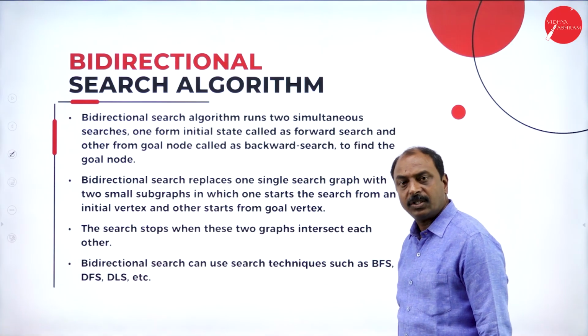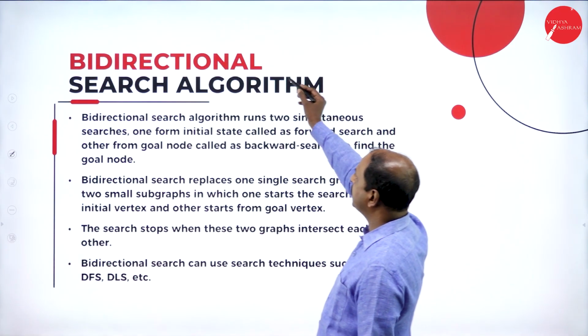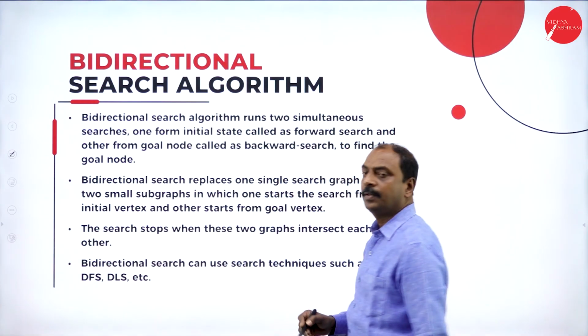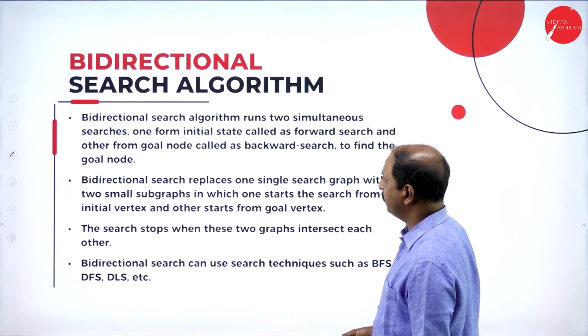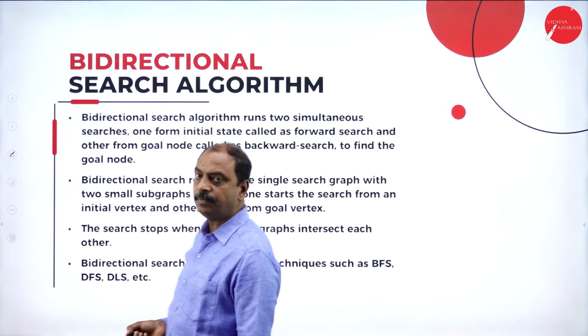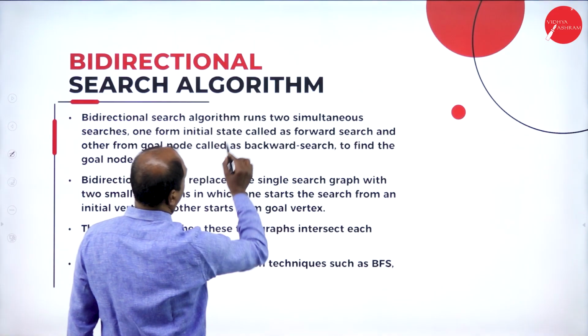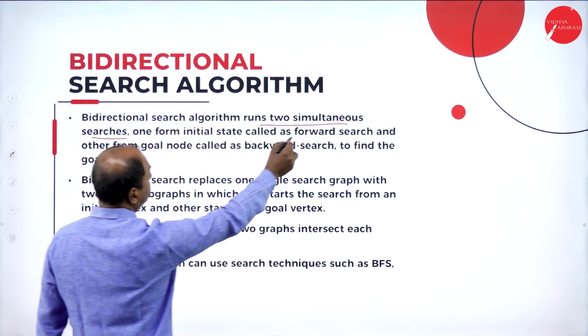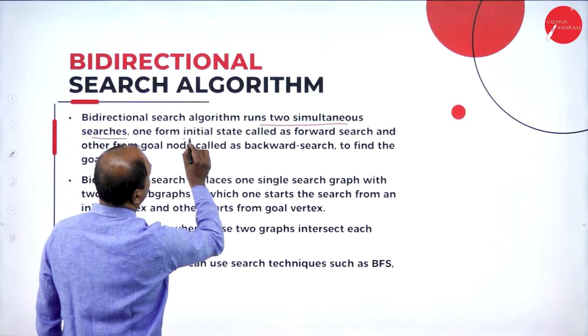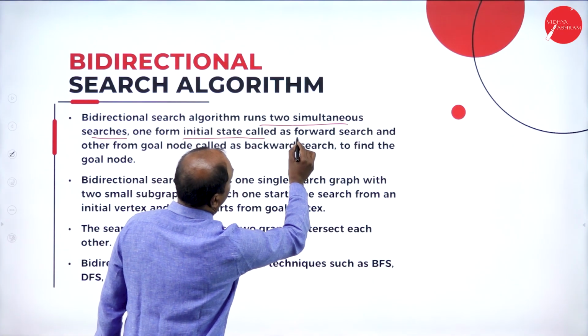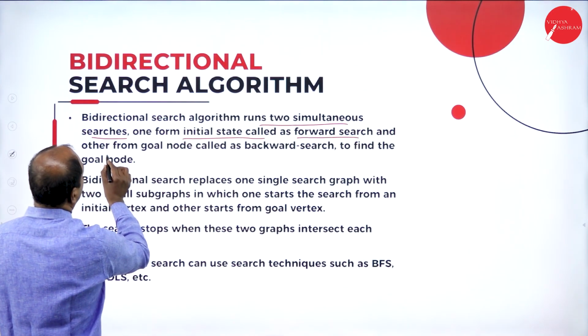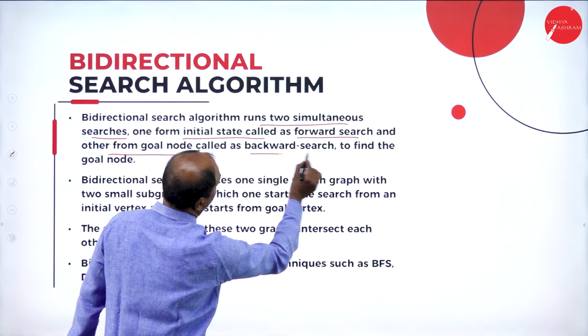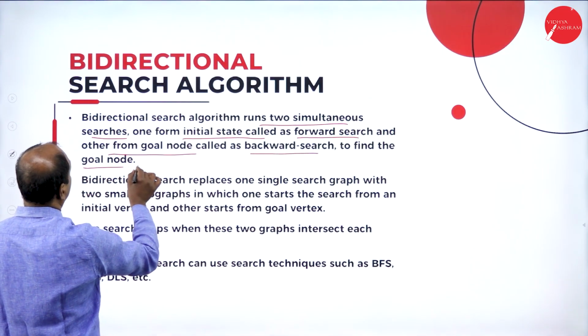Now we move on to the next algorithm, that is the bidirectional search algorithm. Let us see the definition. In bidirectional search, it runs two simultaneous searches, one from the initial state called a forward search, and the other from the goal node called a backward search, to find the goal node.